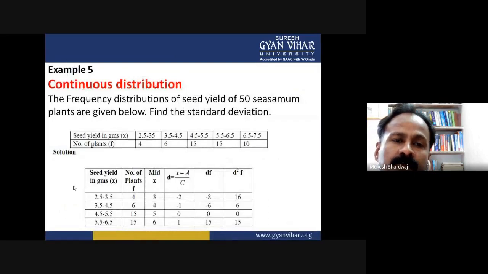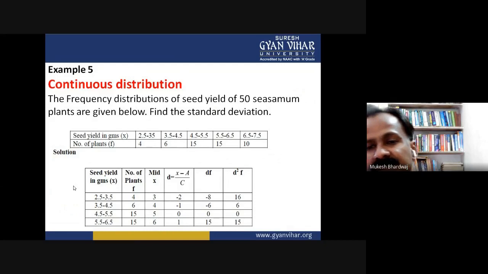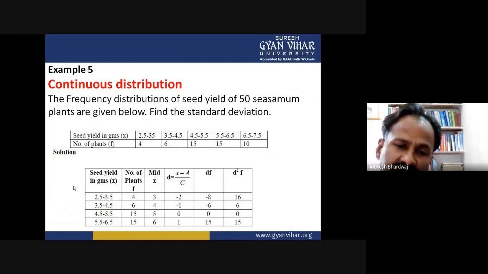Now, for continuous type distribution data, the frequency distribution of yield of 50 shisham plants is given below. In the range of 2.5 to 3.5, 4 plants. In the range of 3.5 to 4.5, seed yield in grams is given by 6 plants. And similarly in the range of 4.5 to 5.5, in the range of 5.5 to 6.5, and in the range of 6.5 to 7.5.